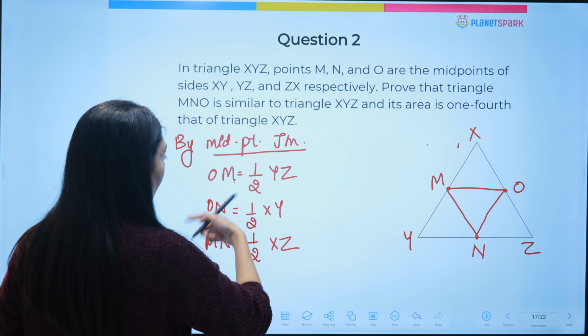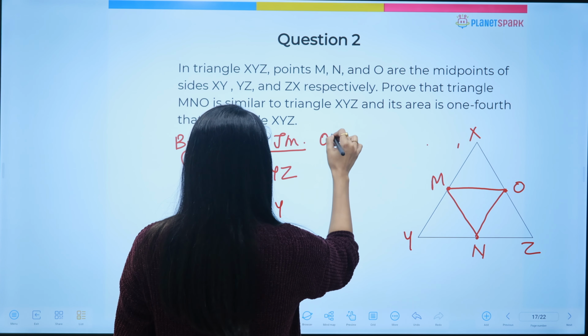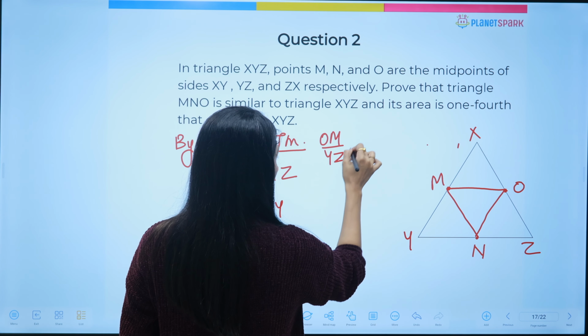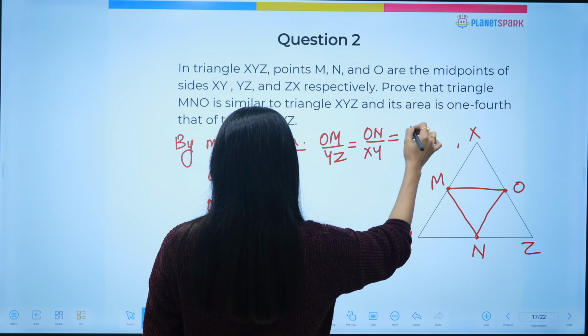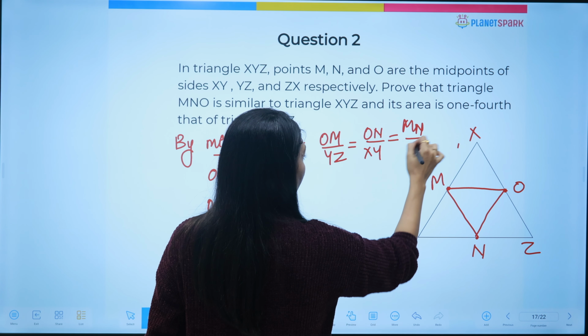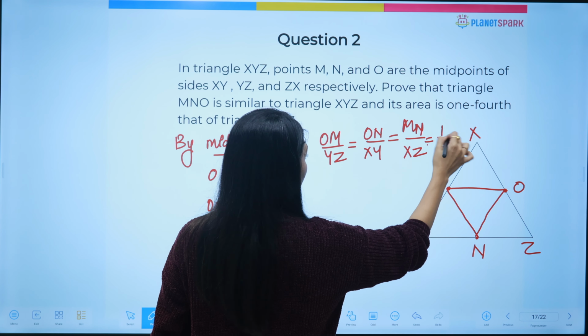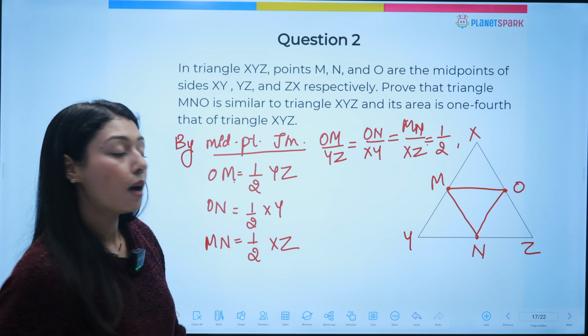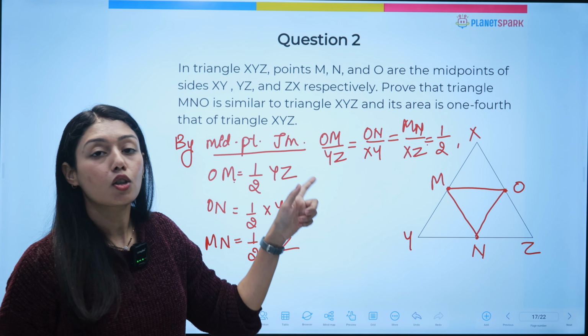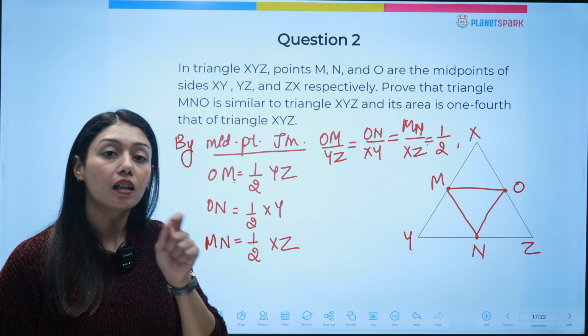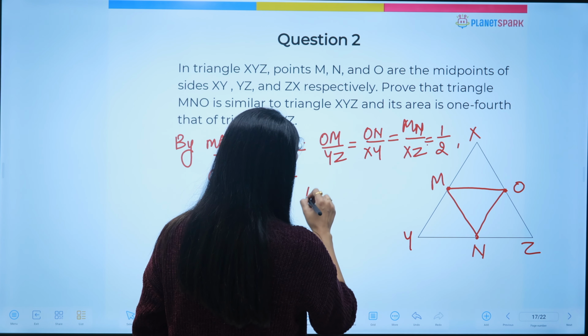So can I write the ratio of the sides here, everybody? Yes, OM by YZ is equal to ON by XY is equal to MN by XZ is equal to 1 by 2, right? अब similarity में there is a criteria that if we have the ratio of the sides, from there we can find the ratio of the areas. How?